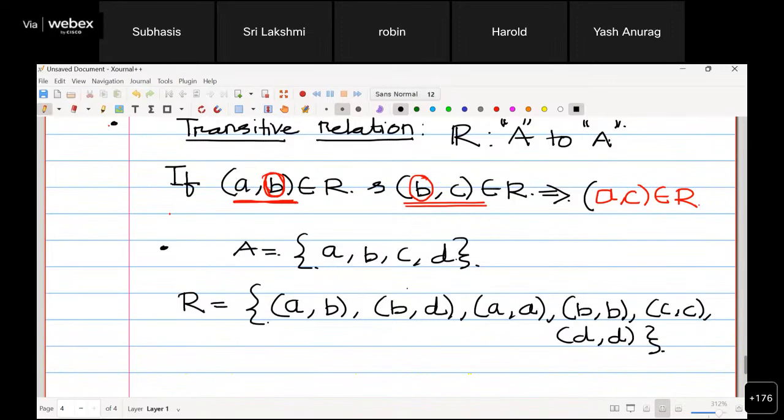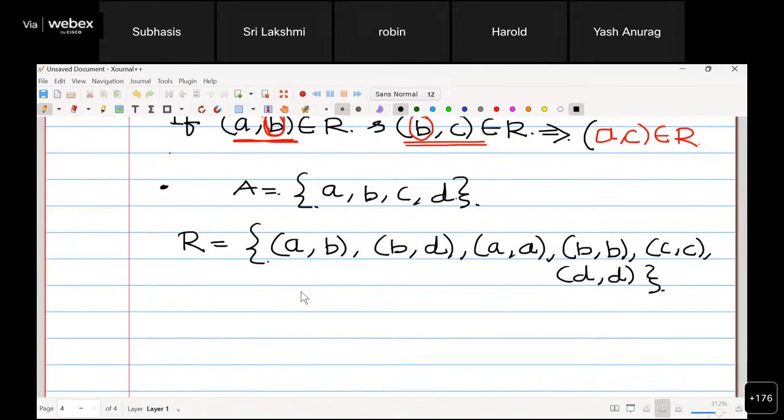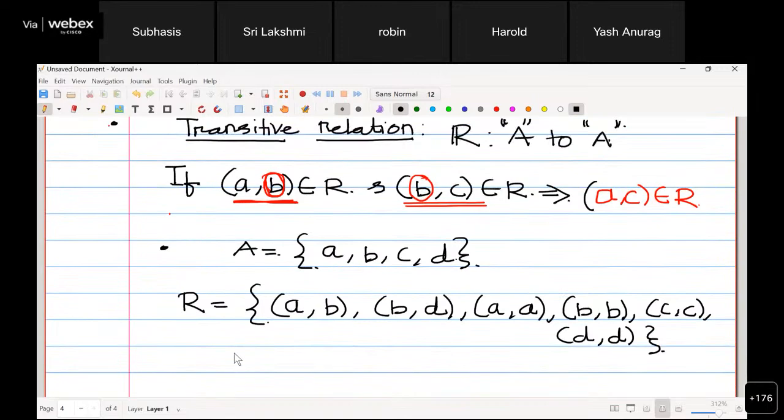This is my relation. I want to check whether this relation is a transitive relation or not.